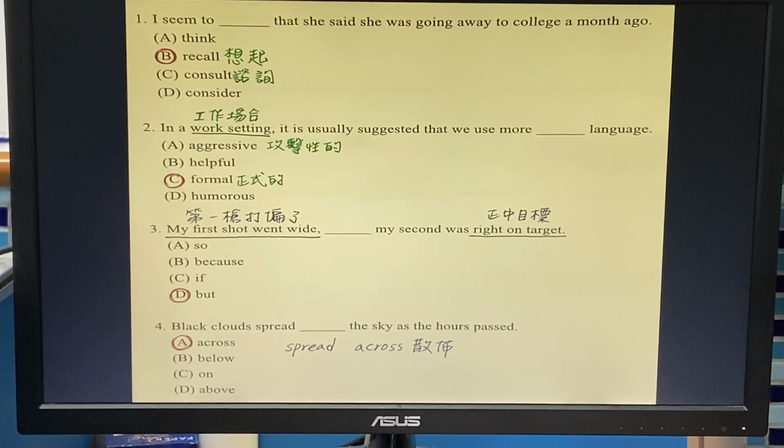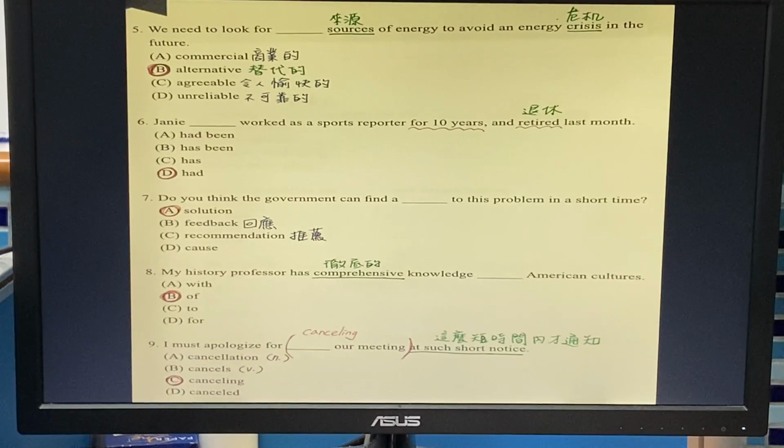Spread across 就是散开来。Number 5, we need to look for alternative sources of energy. 替代性的能源的来源 to avoid an energy crisis in the future. 所以是要寻找替代能源的来源。Number 6, Jenny had worked as a sports reporter for 10 years and retired last month.